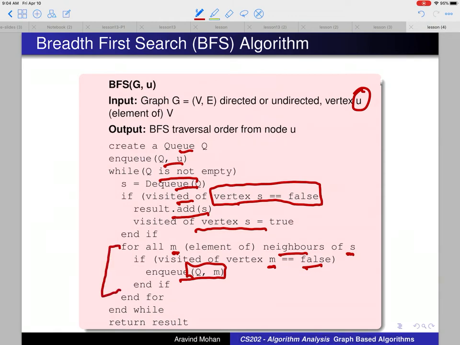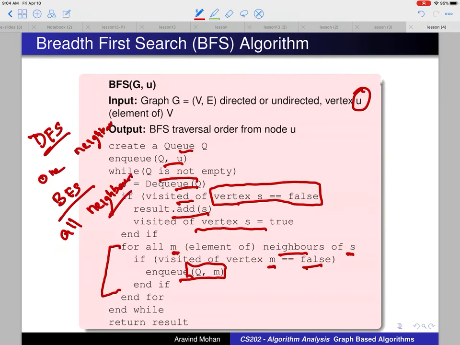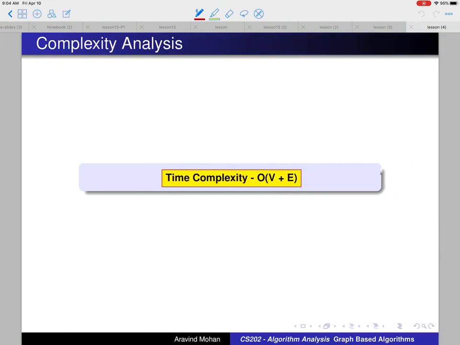So we do that for all the neighbors. This is why there is a for loop here, unlike DFS. Recalling that in DFS we were only adding one neighbor, and in BFS we are adding all neighbors. That's the main difference, right?